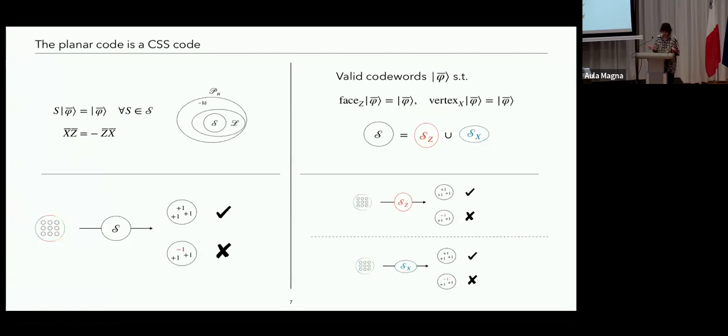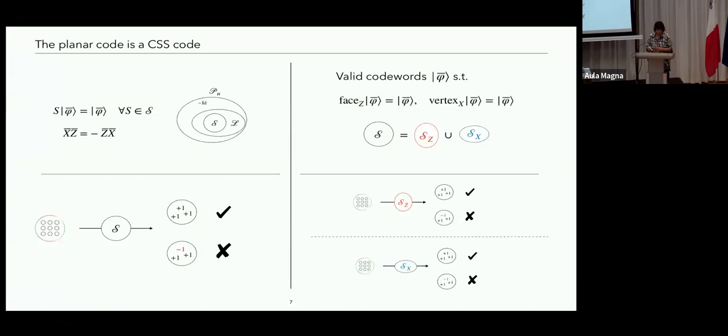And CSS codes are just exactly the same, but Z and X operators are distinct, meaning that we have seen the example of the 513 code. And today, I'm only going to talk about codes that can be described by a group that is made only of Z or made only of X. And to detect the presence of error, I'm going to do 2 rounds of measurement, one of the Z and one of the X.